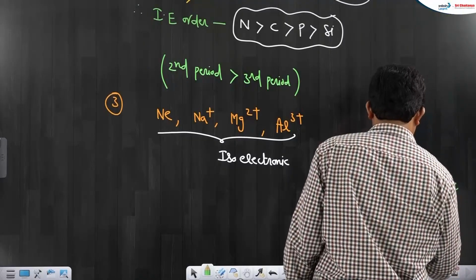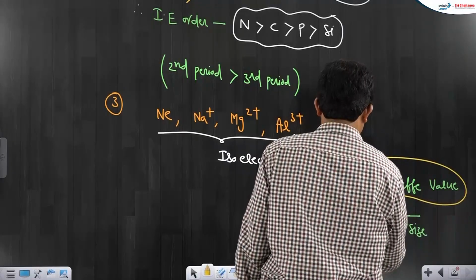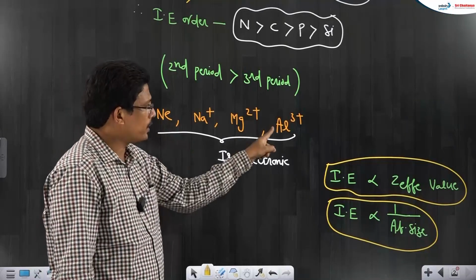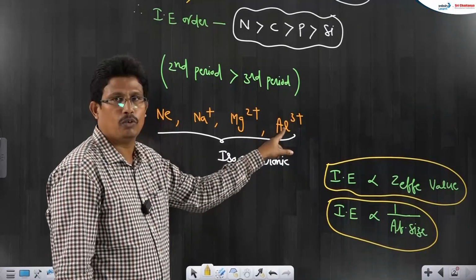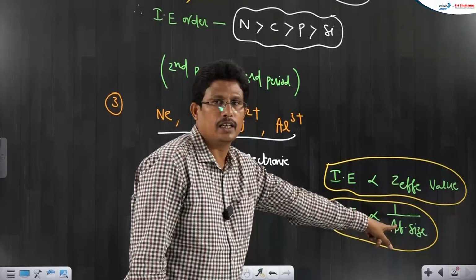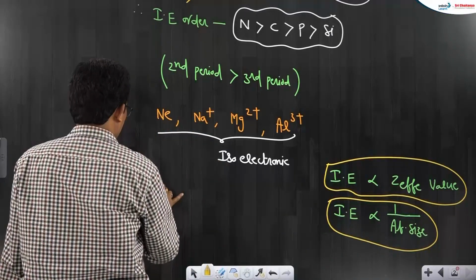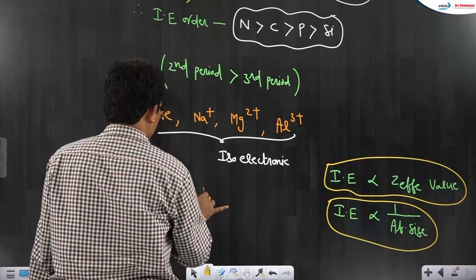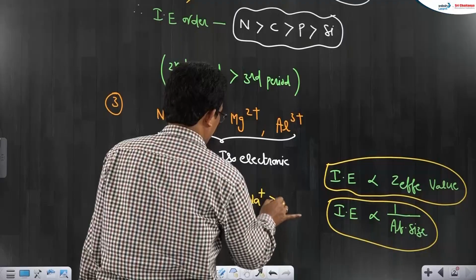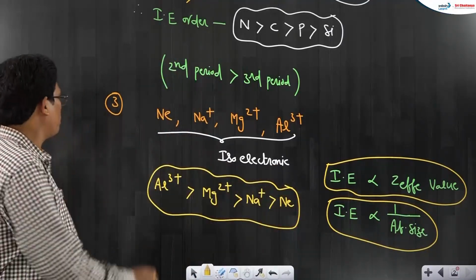Apply any one. Effective nuclear charge is more for Al3 plus, and atomic size is less. So the correct order is Al3 plus greater than Mg2 plus greater than Na plus greater than Ne. Important.